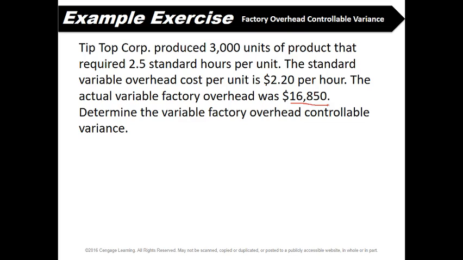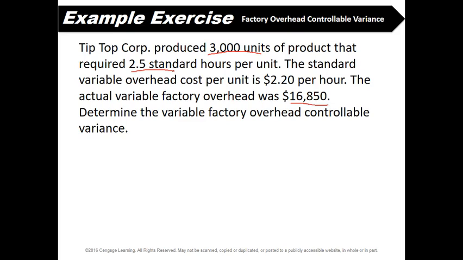So for 3,000 units, because we know that's what was produced, and it should have been 2.5 standard hours per unit, we come up with 7,500 hours.